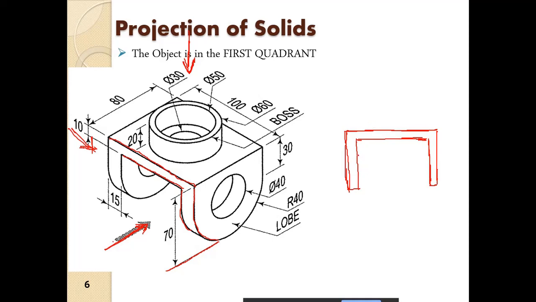And of course there is annular space here, it is being cut out here, so we have to mark that by a dotted line. And this will obviously be 70 mm or 70 units, whatever is given.